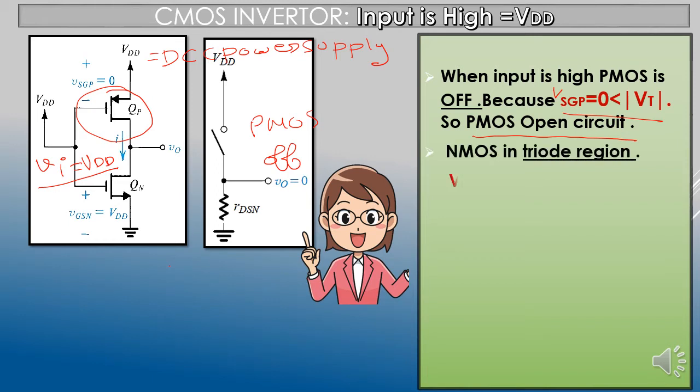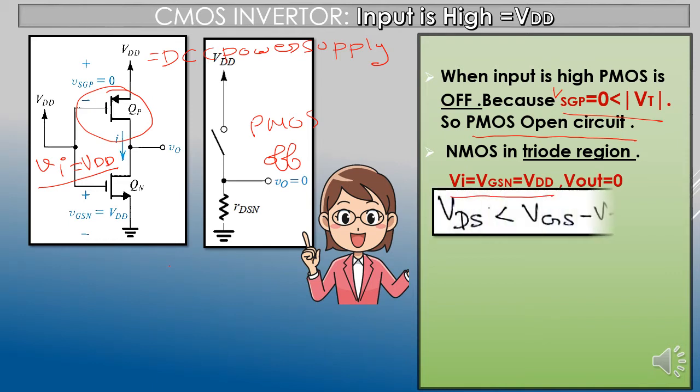And NMOS will be in the triode region. Why triode region? If input is VDD and output is V output, it will satisfy the condition VDS is less than VGS minus VT. Output is 0. V output is nothing but VDS.